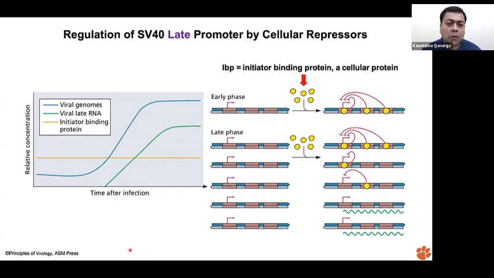So let's take a look. There is a protein, from the steroid thyroid family of proteins in the cell. These are called the IBP, or the initiator binding protein. And the level of this protein is pretty steady. Over a period of time, you can see that the level of this initiator binding protein doesn't change.